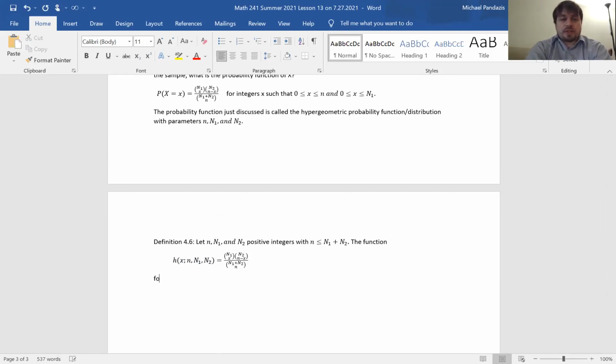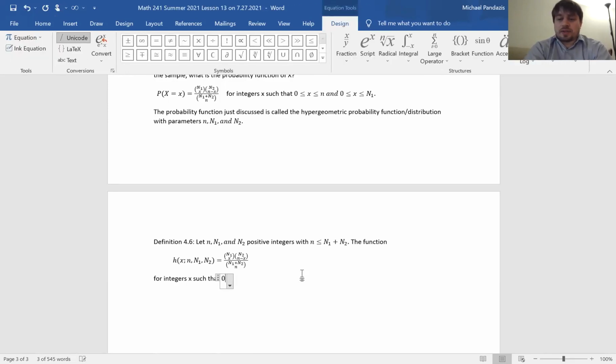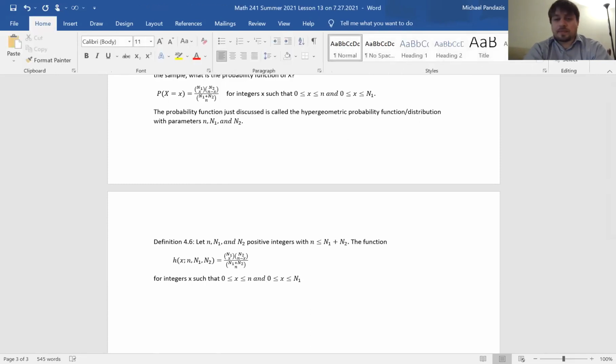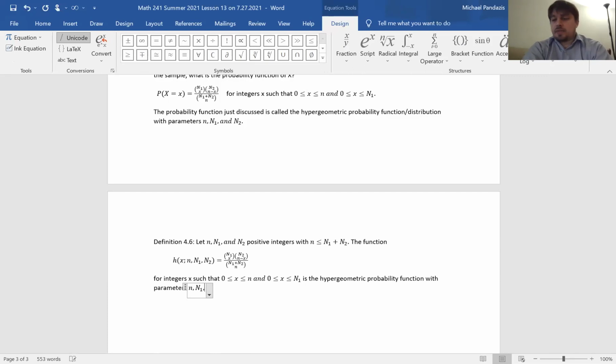And this is for integers little x such that 0 is less than or equal to x less than or equal to n, and 0 is less than or equal to x less than or equal to N1. That is the hypergeometric probability function with parameters little n, N1, and N2.